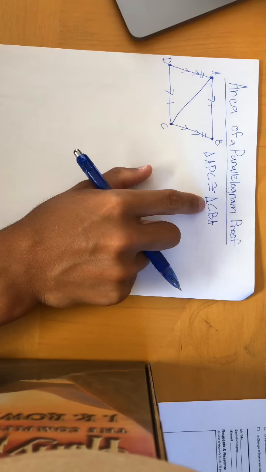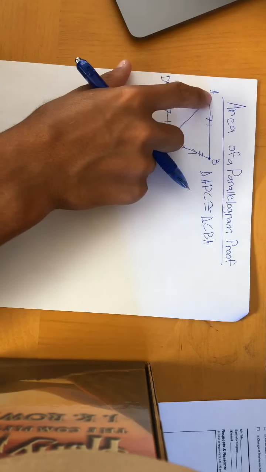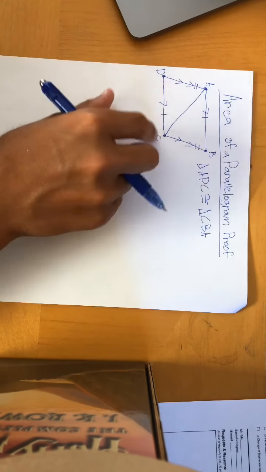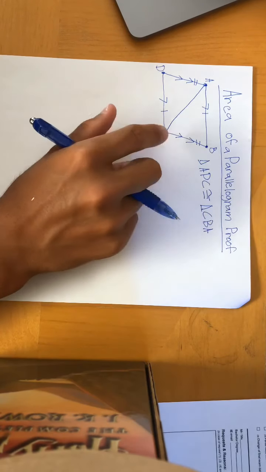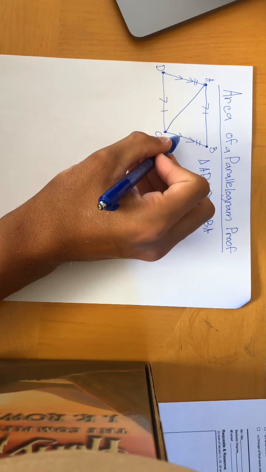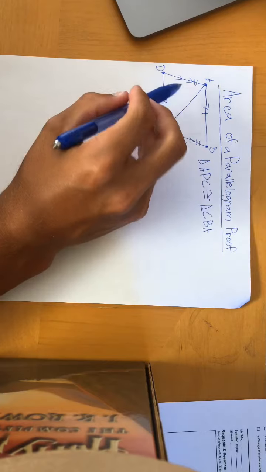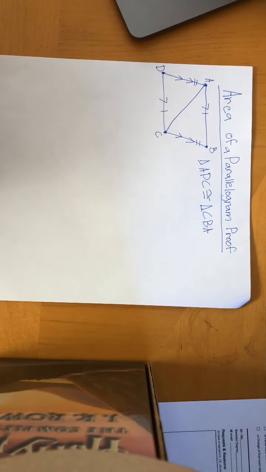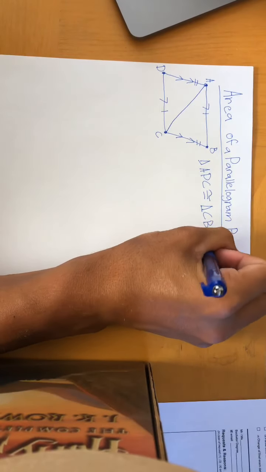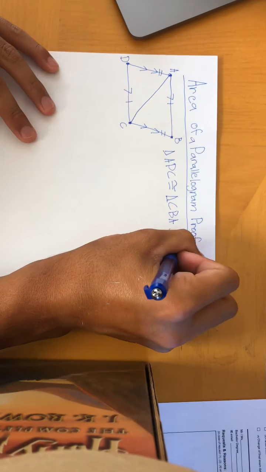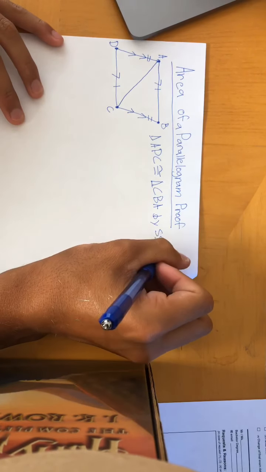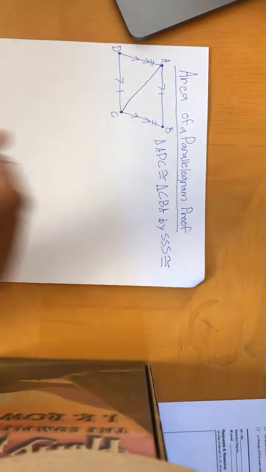Notice how I went CBA because I went in this order from ADC. When I go to CBA, it goes in the same pattern or congruency as this triangle here. And we're doing this by side, side, side, because they're both congruent to each other.